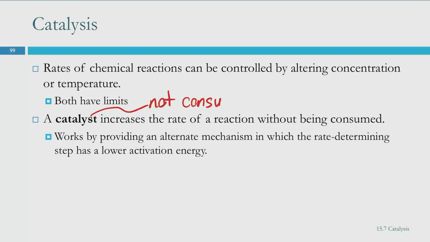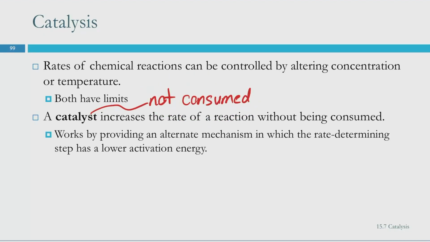It's not part of the reaction. It can be part of the reaction in a way, but I'm thinking of two different types of catalysts. So our catalyst, the important part is that it doesn't get used up in an ideal world. And it also increases the rate of the reaction, which is great.